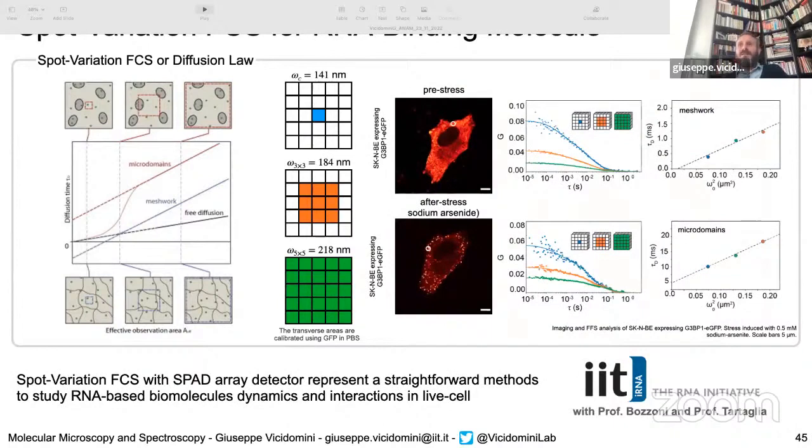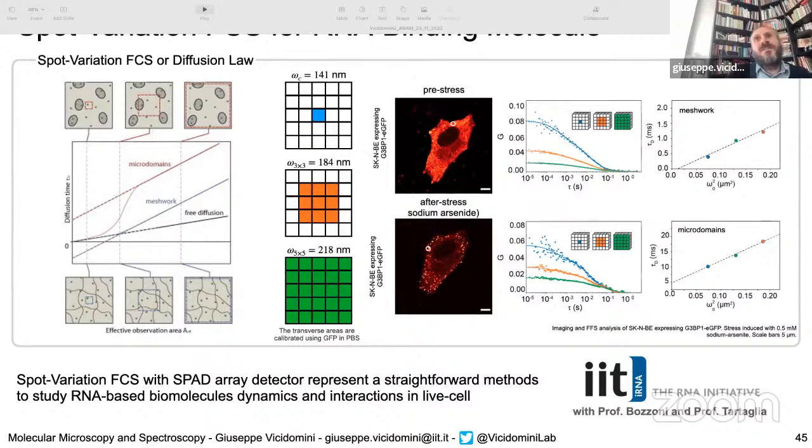Another example that we are studying is in the context of stress granules, so the formation of this kind of condensate. Here is an example, a measurement in which we measure G3BP1. This is a protein that is used to specifically target and observe the stress granule in the cell. If we measure this protein before inducing a stress, before inducing the formation of stress granules, as you can see, you have a meshwork behavior.